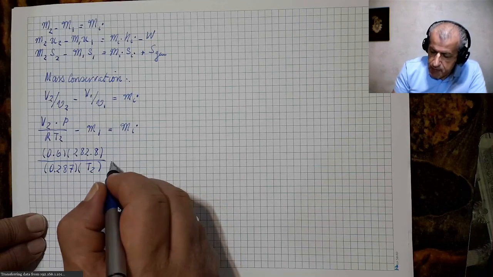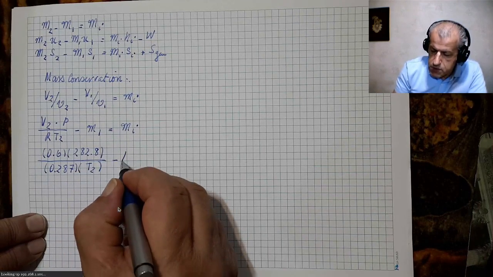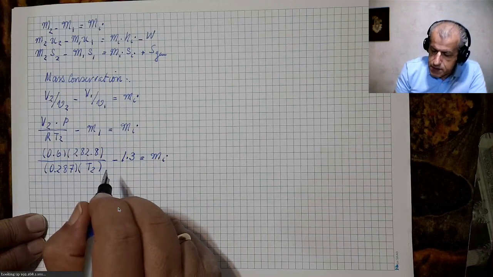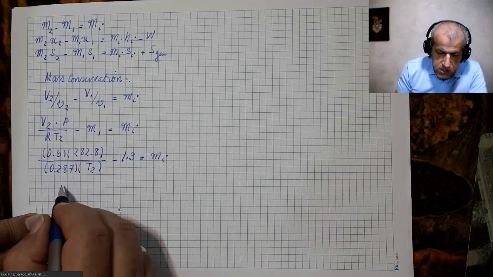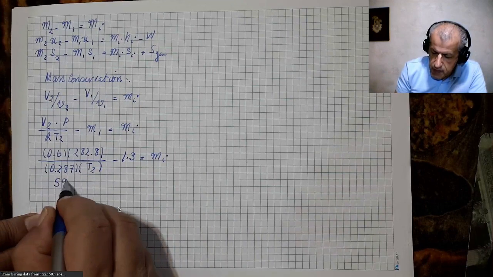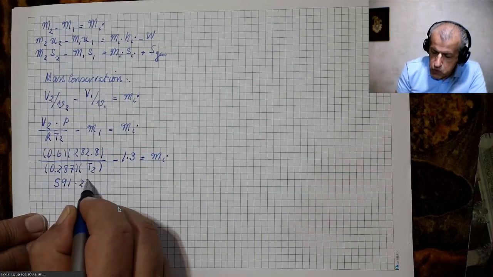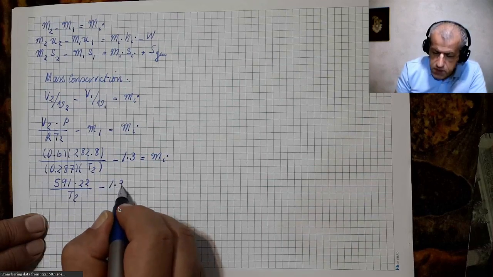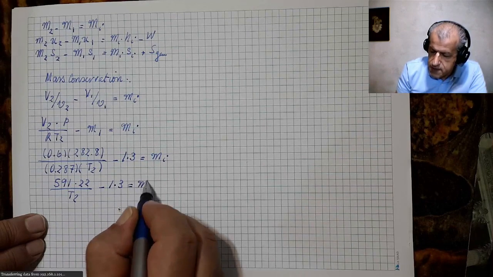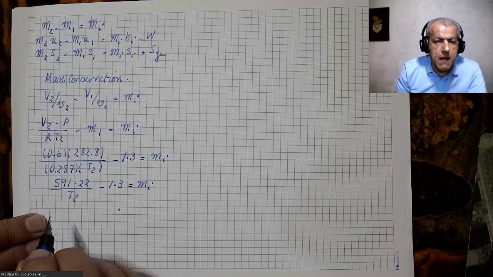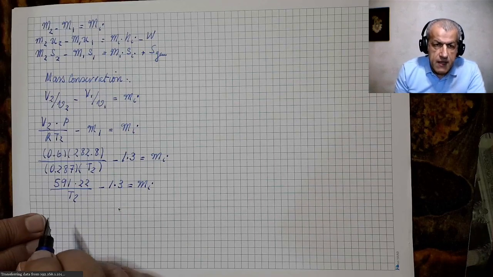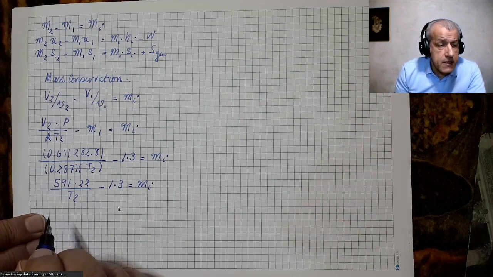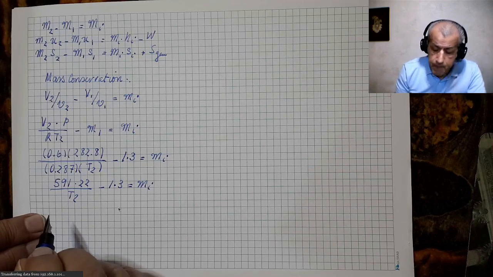And this minus m1, which is 1.3, equals mi. So we can simplify this equation, and that would be 591.22 divided by T2 minus 1.3, and that equals mi. This is our first equation, which we have obtained from the mass conservation equation.